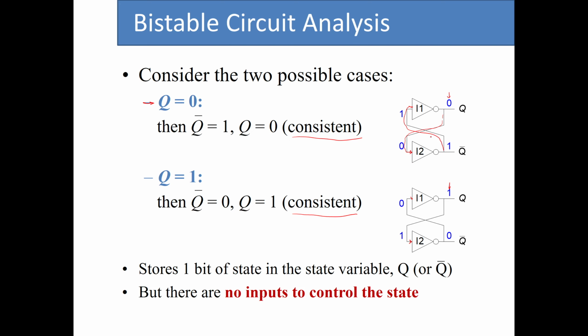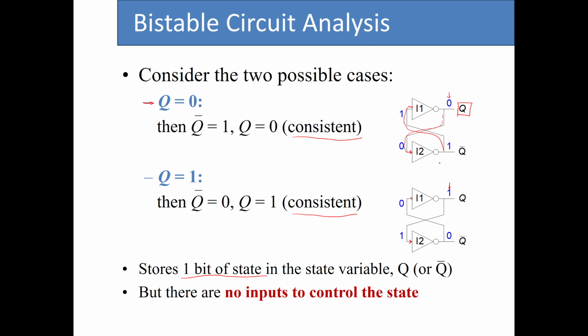As you can see here, this unit can be used to store 1 bit of state, or it has 1 bit of memory. If we assume Q is our memory, when it's 0 it remains at 0, and when it's 1 it remains at 1. It doesn't change its value over time. But there is an issue here.